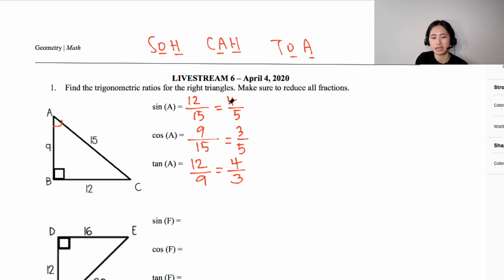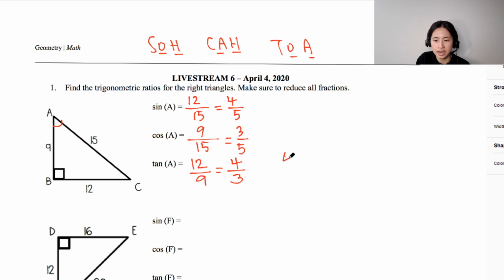Alternatively, we can actually take sine A over cosine A, because remember what I said about tangent, you can have sine over cosine. So let's say we take the ratio between sine A and cosine A, and just note that because we're looking at angle A, you need to also be looking at the ratio between sine A and cosine A, and not some other angle in this case. So it has to be the same angle that you're looking at.